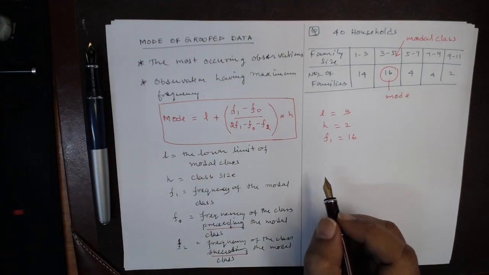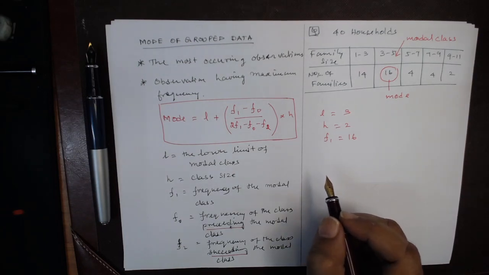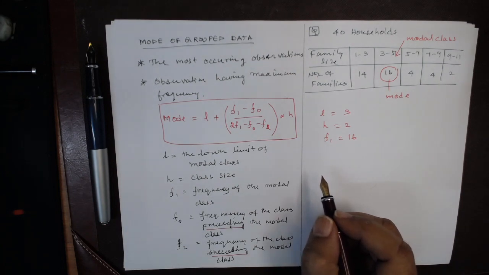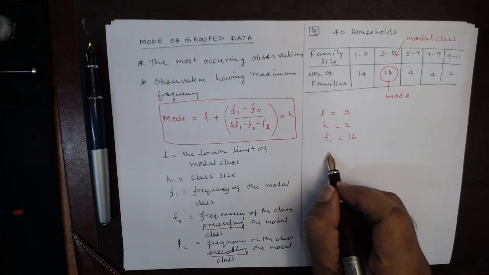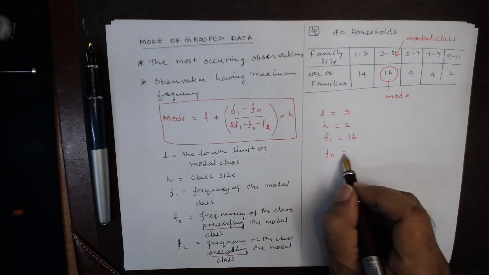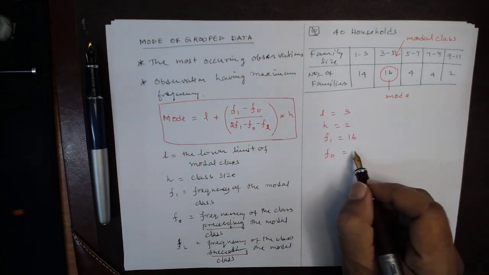Now the preceding frequency. The preceding frequency is mentioned here as F0. So F0 is equal to the preceding frequency 14.